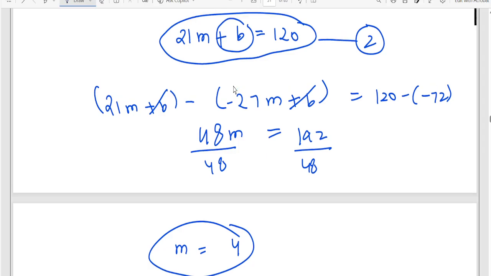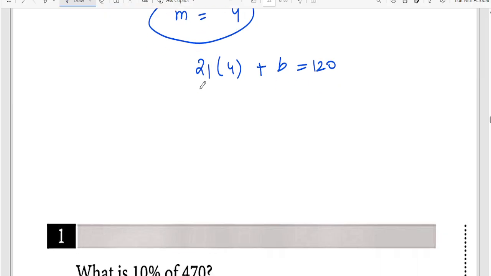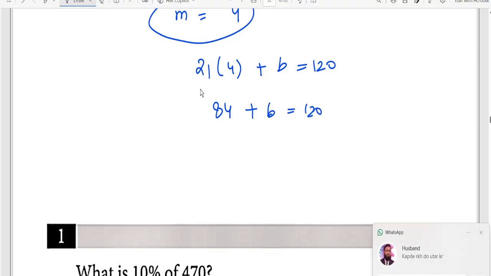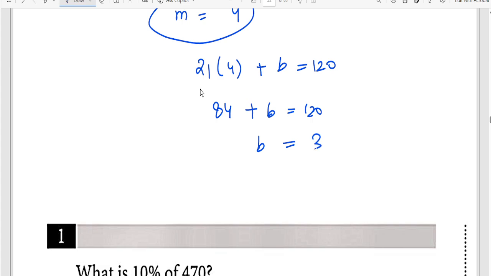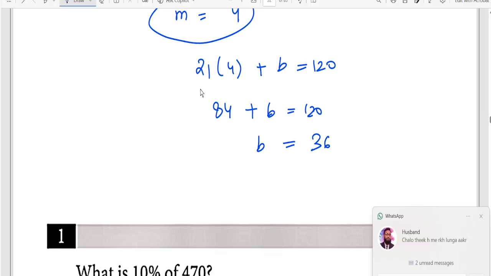I just plug the value of m in this equation. So now 21 times 4 is 84, plus b is equal to 120. Now b is 120 minus 84, which is 36. So I got the value of b.